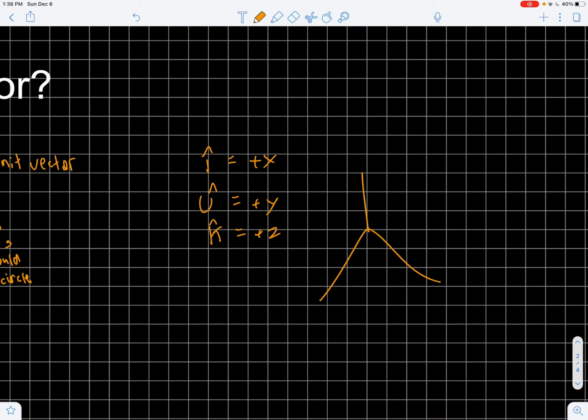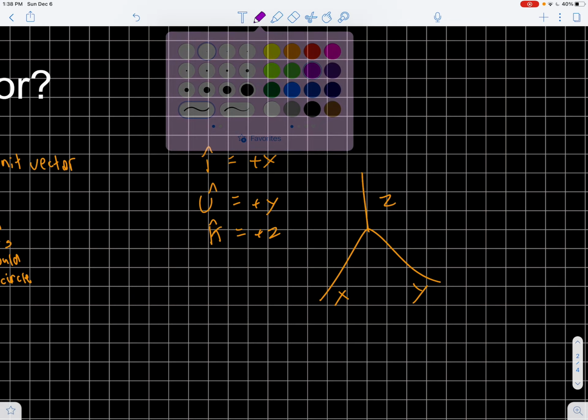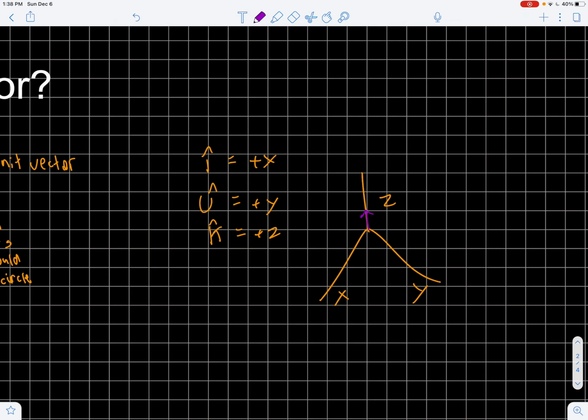So if you have our x, y, and z axes, starting at the origin, you've got our 3 unit vectors, i hat, j hat, and k hat.